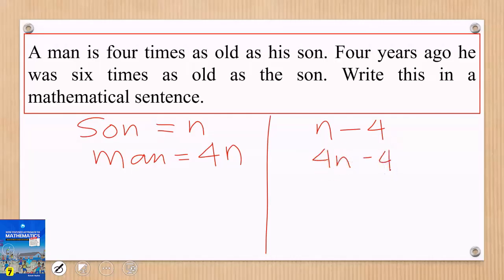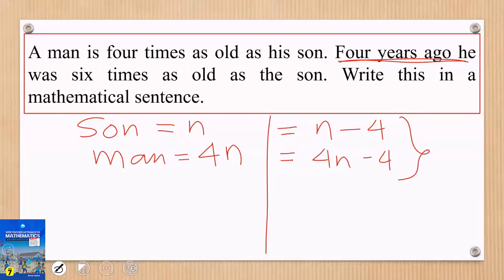That's 4 years back, because whatever their age today, 4 years back, each of them will go backwards 4 years. Right. So this is how we will write. 4 years ago alone is giving us these two expressions. 4 years ago, the son is n minus 4 and the father is 4n minus 4.